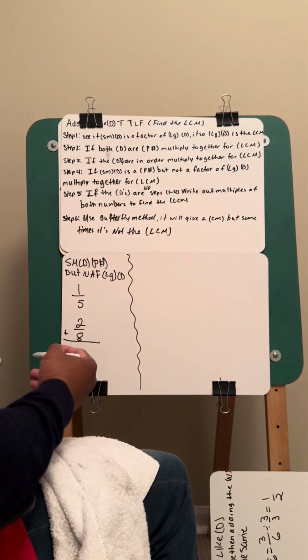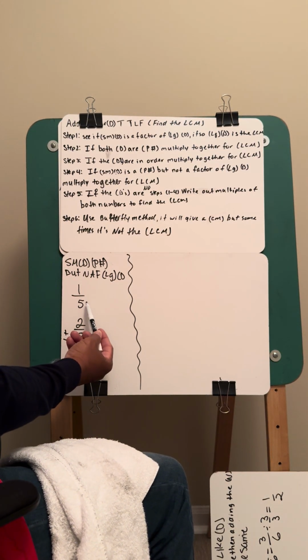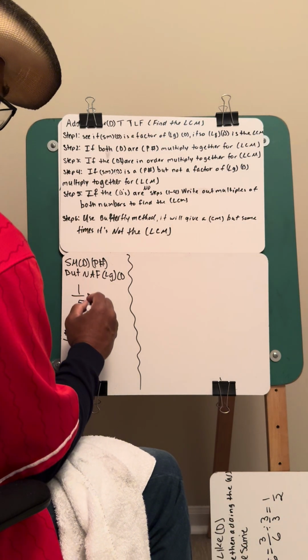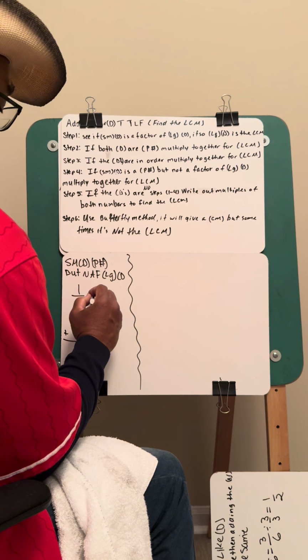So in this case, 5 is a prime number, but it's not a factor of 8. So again, set my problem up.